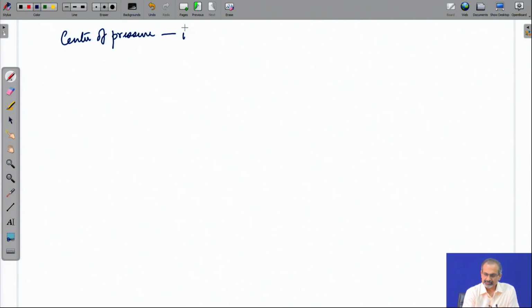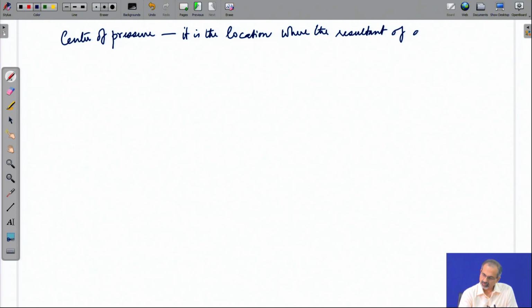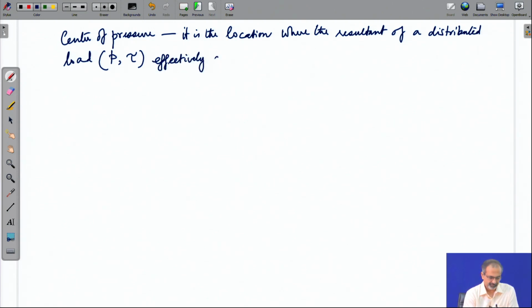It is the location where the resultant of a distributed load, which is created both by pressure and shear stress, effectively acts on the airfoil.